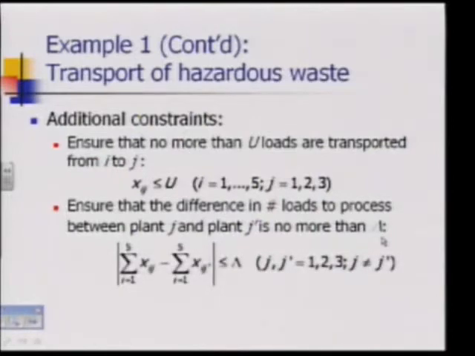This is about the difference: this is the total waste transported to plant J, and this is the total waste transported to J prime. This difference should not exceed some value delta. Is this a linear constraint? Why?